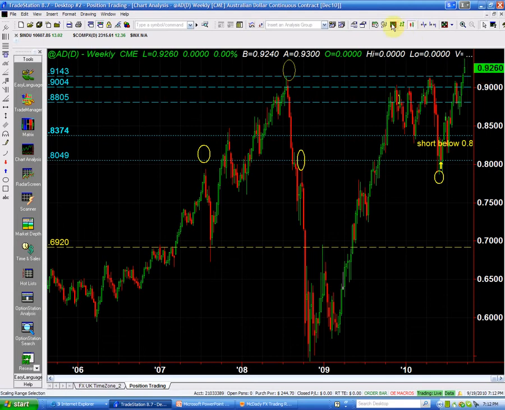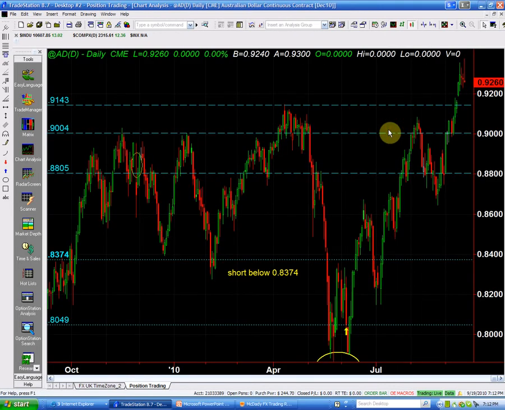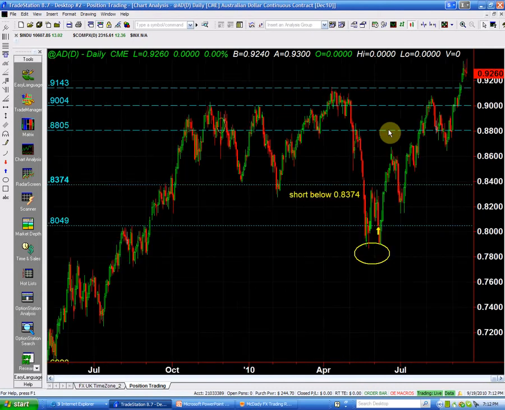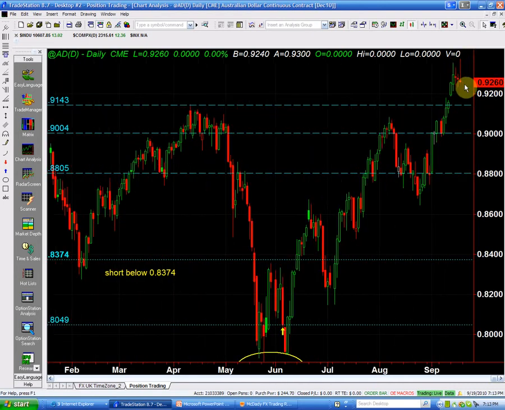I just want to see if there is anything on the daily chart that would give us a caution signal. As you can see here on the daily base, for the last week or so, the Australian dollar has been making several attempts to go higher, and it has been failing.